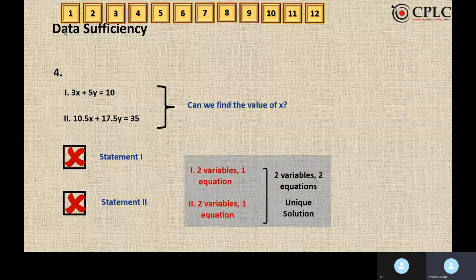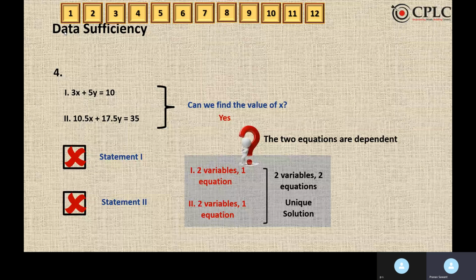If you multiply by that value, you'll get to know that both the equations are getting cancelled out. If you multiply the first equation by 3.5, you'll see that the first equation is exactly the same as the second one.